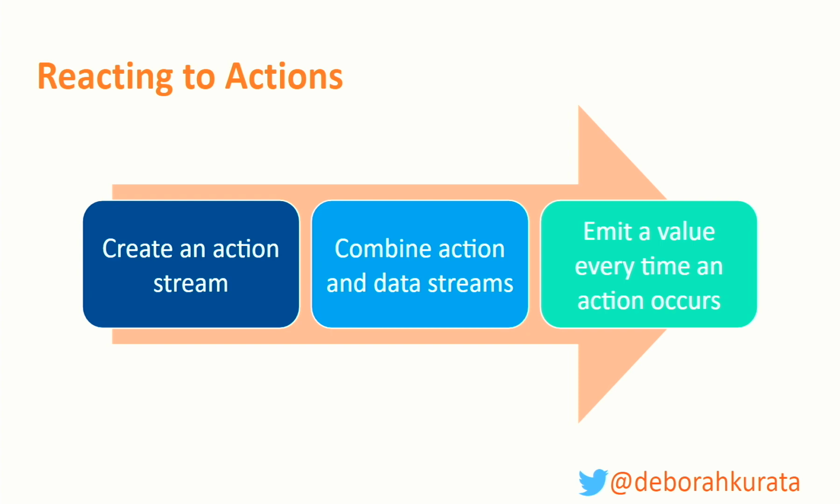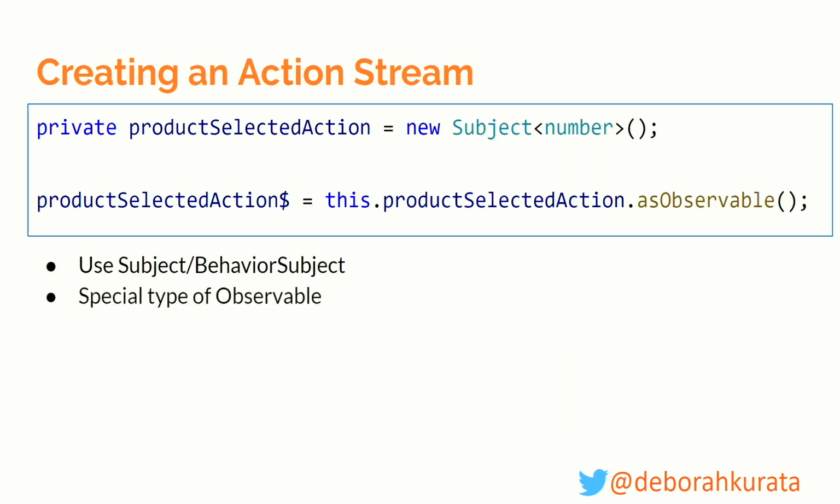We're going to start by creating an action stream. How do we create an action stream? Well, there are numerous ways to create a stream, but what you'll frequently see for action streams is using subject or behavior subject. Subject is a special kind of observable. A behavior subject is a special kind of subject.